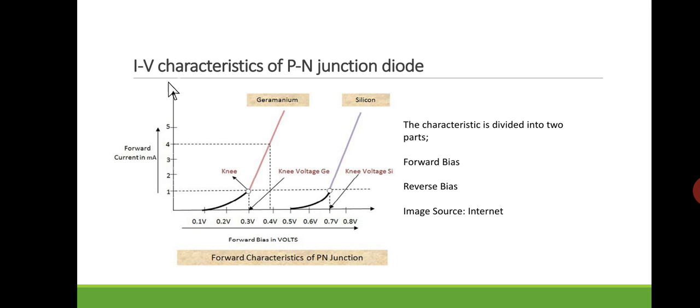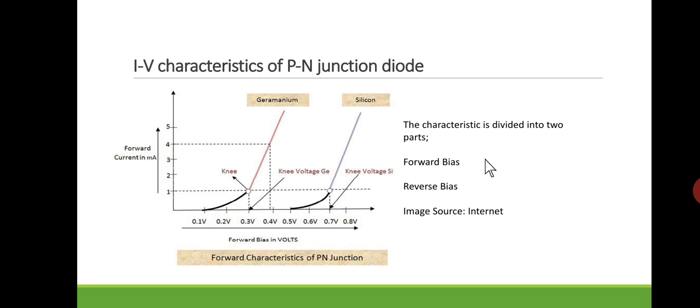What you are seeing in this figure is the forward bias IV characteristics. The characteristics are drawn between the x and y axes. In the x axis we take the volts, and in the y axis we take the current. When you draw the graph, it is called the IV characteristics of the PN junction diode.